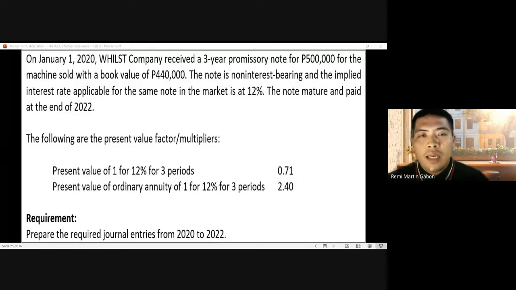But if the problem provides that the interest will be paid every 6 months, or on a semi-annual basis, then 3 years is equivalent to 6 semi-annual periods. If it is quarterly, then 3 years is 12 quarterly periods.